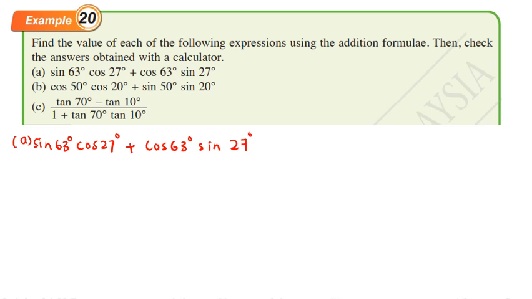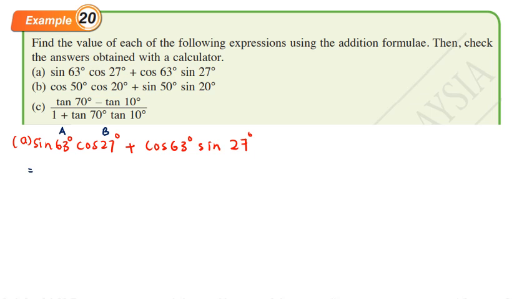Okay, you need to take the formula together with you during the calculation session. So if you refer to the formula, 63 and 27 degree, you can denote them as A and B. So I just put here as A and this one B. So teacher will rewrite back.